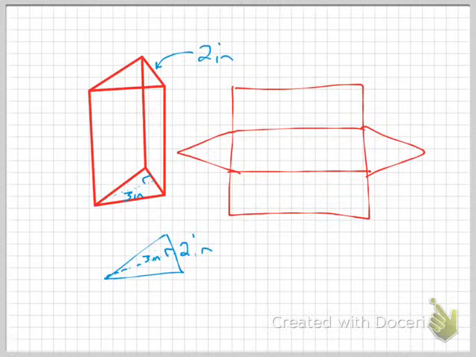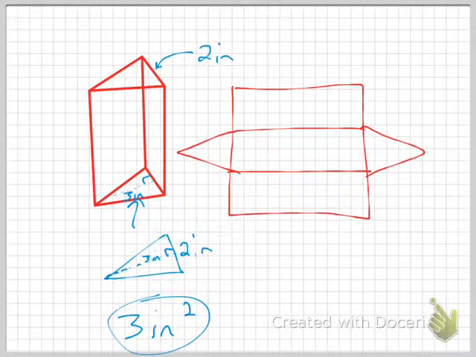What's the height? 3. 2 times 3 is 6, divided by 2 is 3. Then the area of that triangle right there is 3 squared inches. That's the bottom. If the area of the bottom is 3 squared inches, what's the area of the top? 3 squared inches, right?